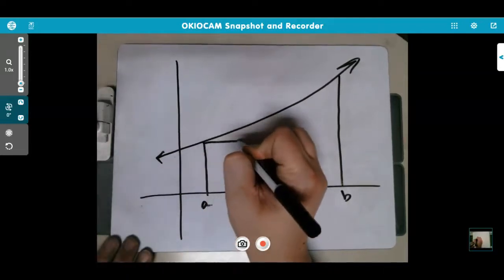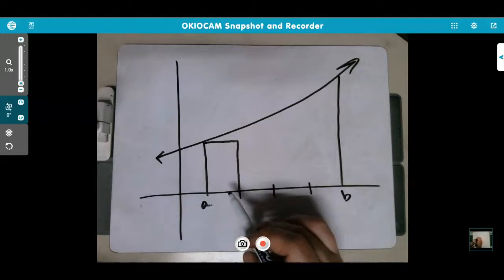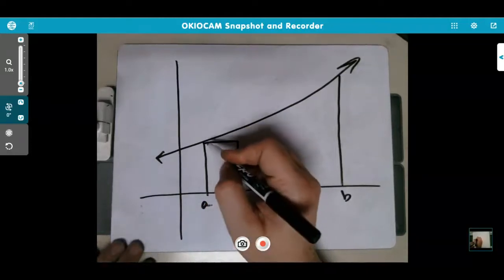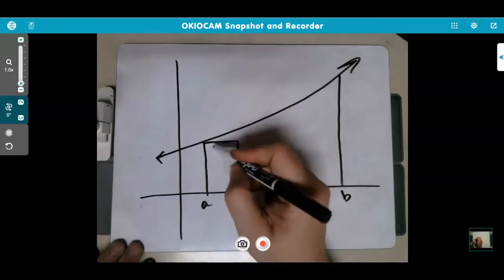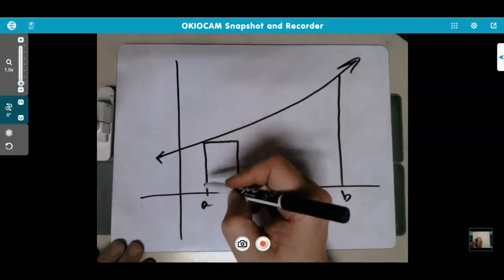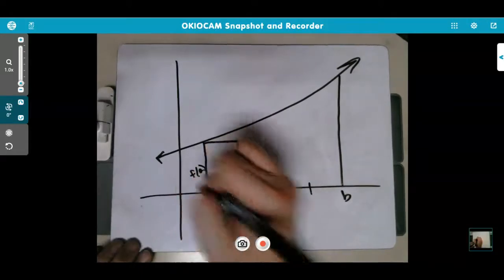That's going to be my height, and here we go. So the area of this is going to be my length, which is this right here, times my width. Okay. So my length is going to be whatever the function is at A.